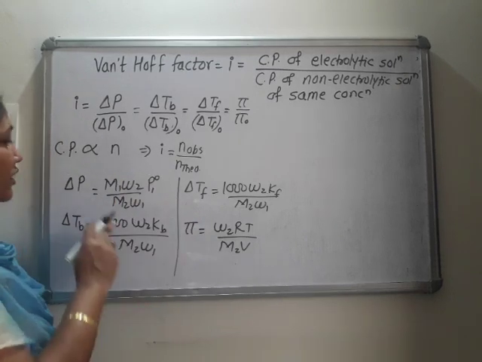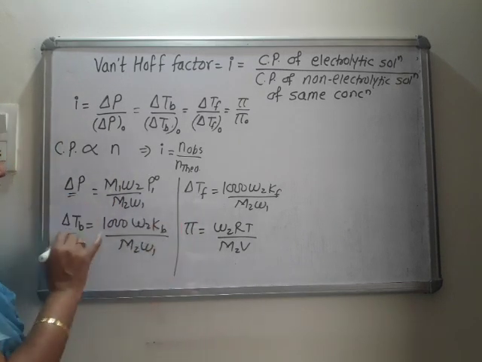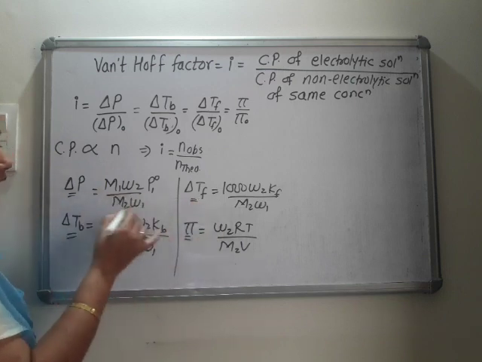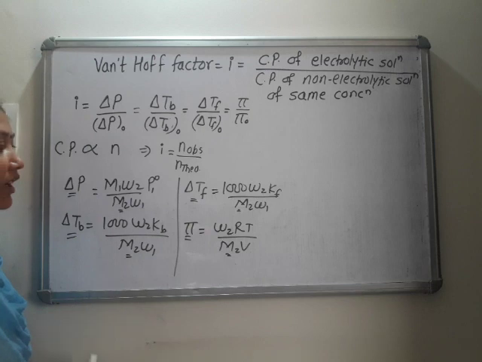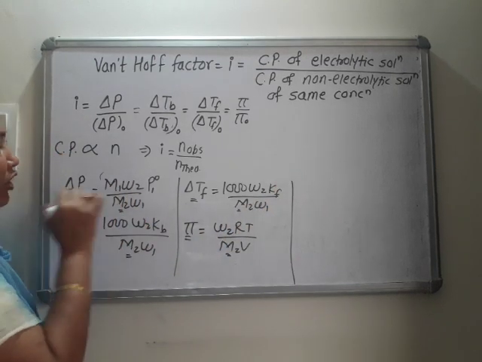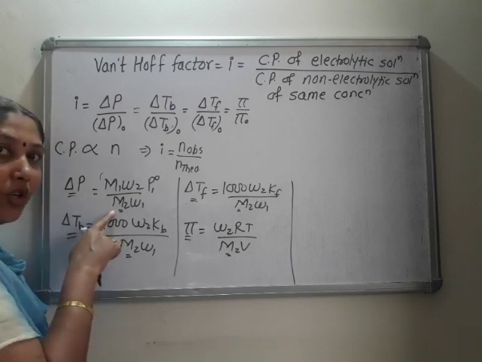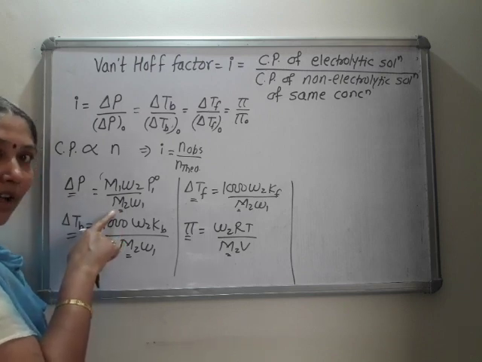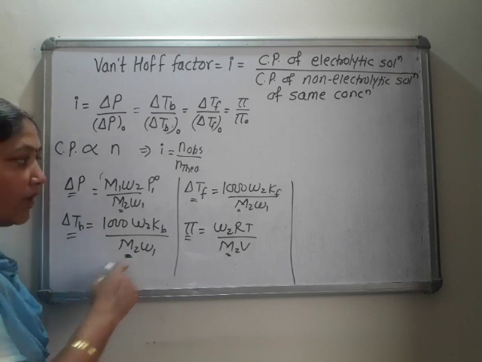If we observe, the left-hand side indicates the colligative property, right? And on the right-hand side, there is M2 in the denominator. It means that if we consider all other things constant, lowering of vapor pressure is inversely proportional to molar mass. Elevation in boiling point is inversely proportional to molar mass.